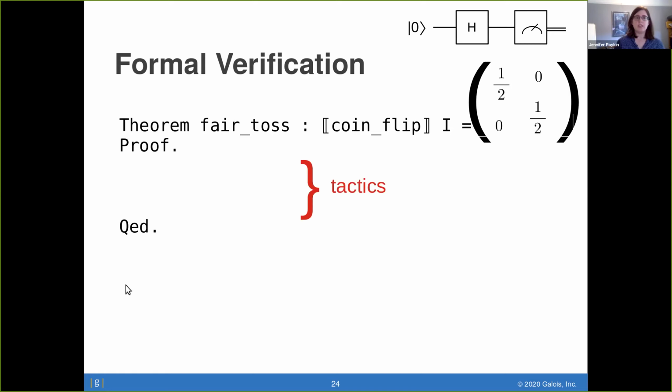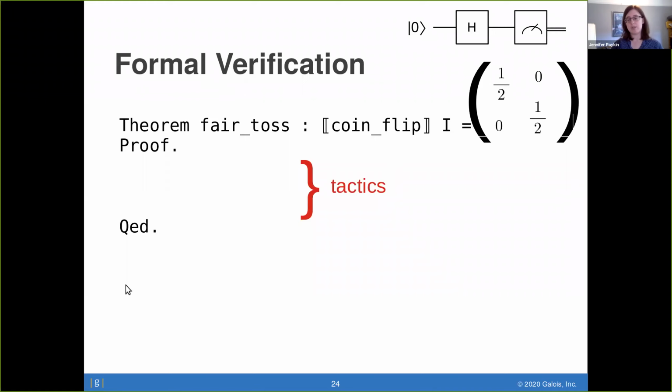The way that we interact with these theorems in Coq is that we will apply a number of tactics which slowly break down the goal into manageable pieces. The proof script, as we call it in Coq, starts with the keyword Proof, then we write down some tactics, and at the end we write the keyword QED.